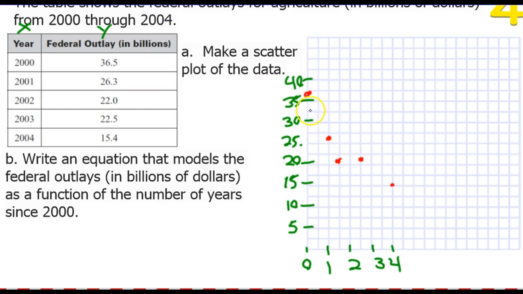So if I were to draw my line through here, we need to write an equation, so we need to find some points on this line. Looks like we have a point right here at 0.5, 30.